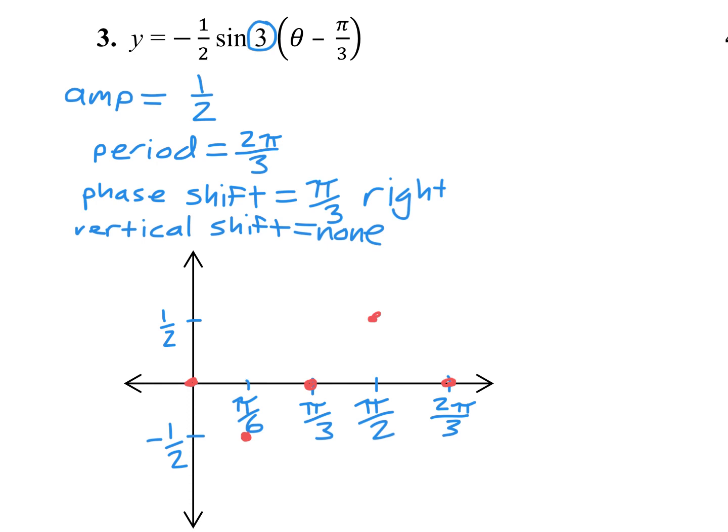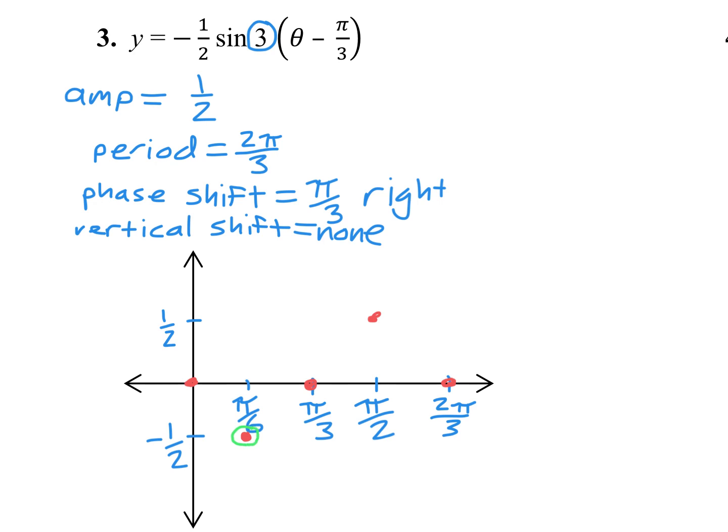We need to shift those red points pi over 3 to the right. So to shift pi over 3 to the right, that's 2 increments on our x-axis. So I find it's easier to shift either a bottom point or a top point, but not a middle point. Middle points are tough because you're not sure if you're heading up or down from the middle. But if you shift a bottom point, you know that you have to go up from there. All right, so I'm going to shift this one.